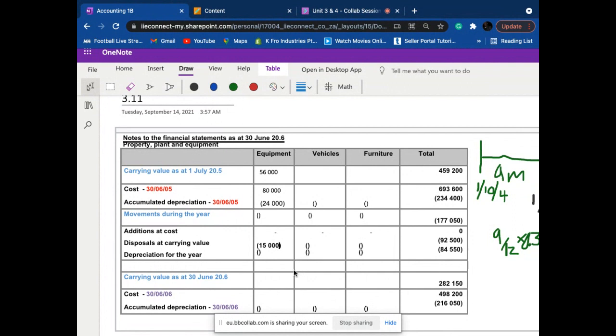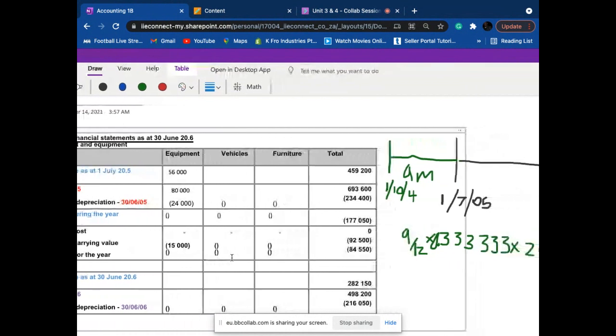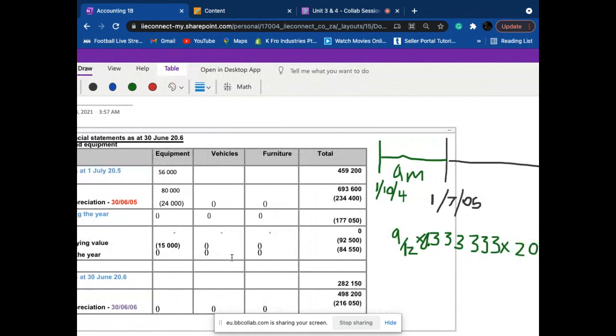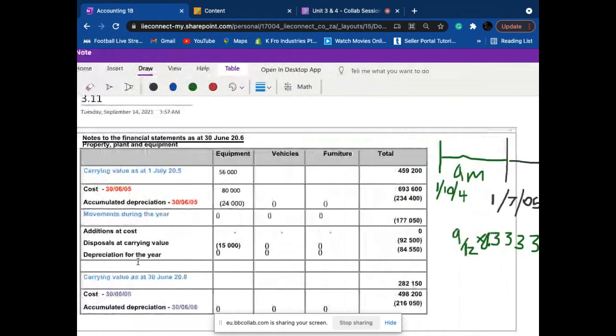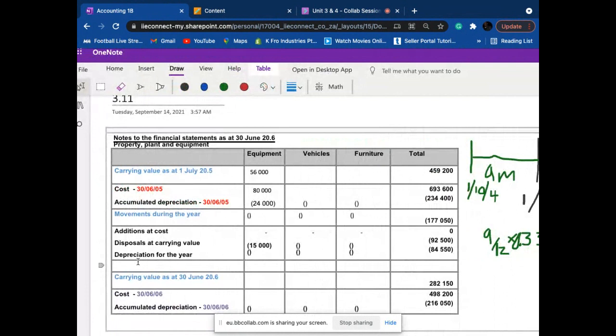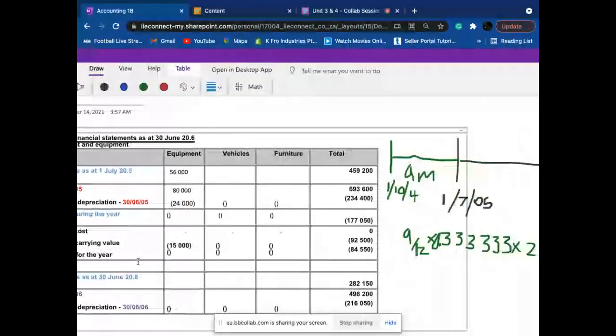Then the next thing that we have to ask ourselves is, okay, what was the depreciation for the year? Okay, but now, so we're doing activity 3.11 in your textbooks. So now we want the depreciation for the year. But can you see this is movements during the year? So we're talking about this current financial year that we are dealing with.